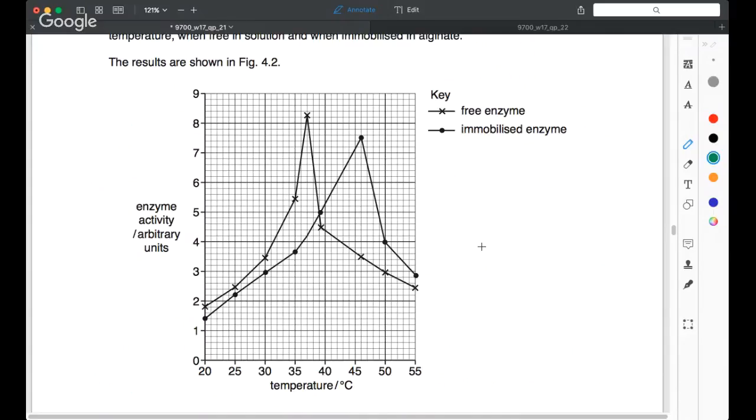Good. And the gradient, well, no, okay. Is that enough?